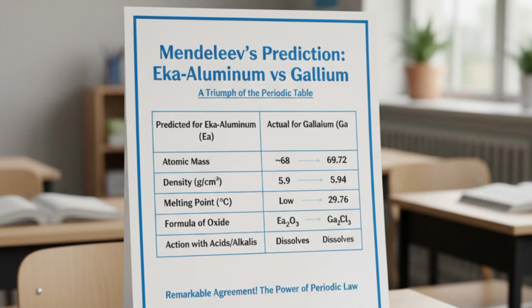Predicted density is 6 grams per cubic centimeter. It was predicted to be a metal that forms a sulfide and an oxide. And gallium was discovered. The actual atomic weight of gallium is 69.7. The actual density of gallium is 5.9 grams per cubic centimeter. It was a metal that formed gallium sulfate and gallium oxide. Predicted and actual results are almost similar.